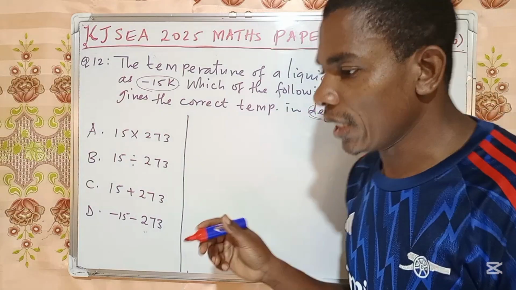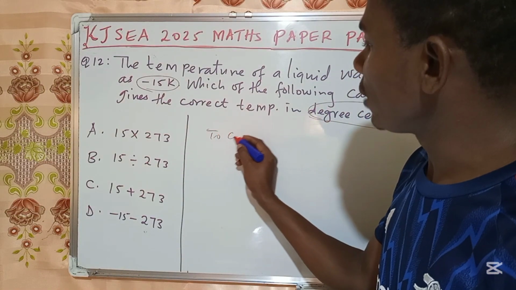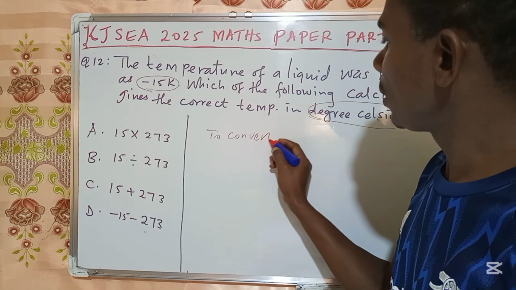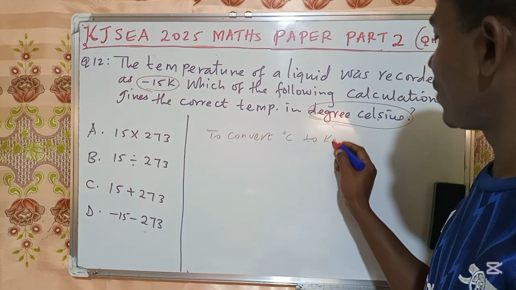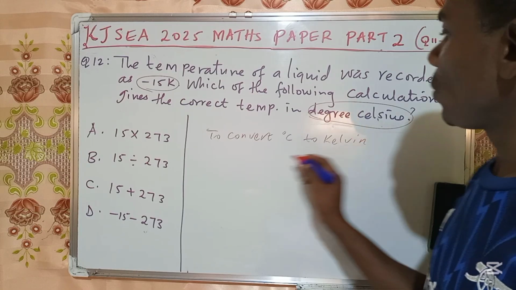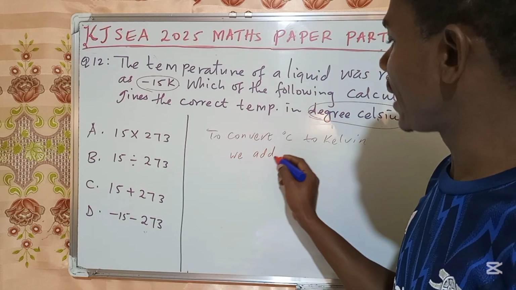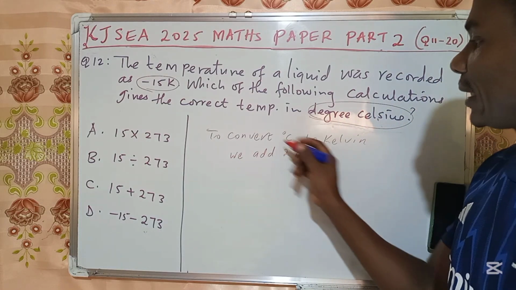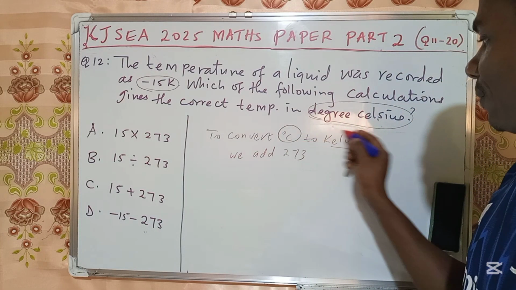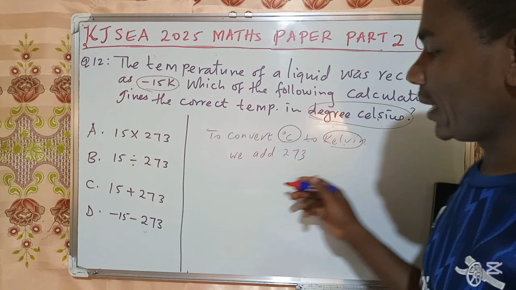Before we proceed, you should know that when we are converting degrees Celsius to Kelvin, we add 273. This is when we are converting degrees to Kelvin, the SI unit of temperature. So we add 273.